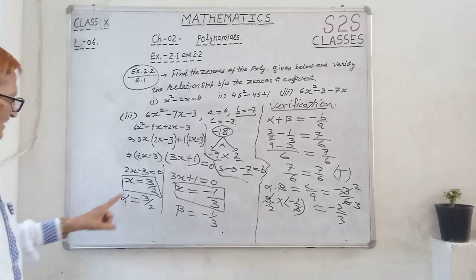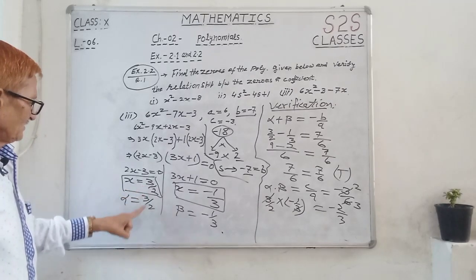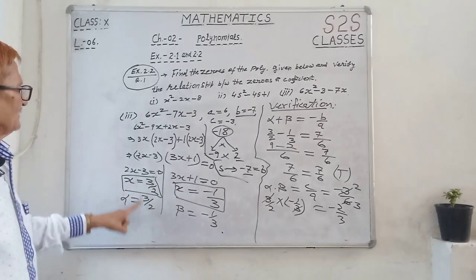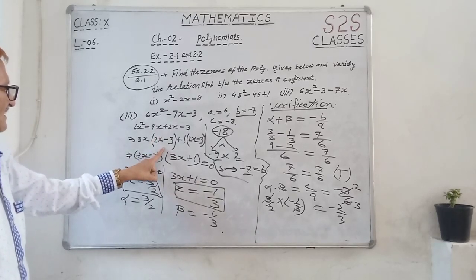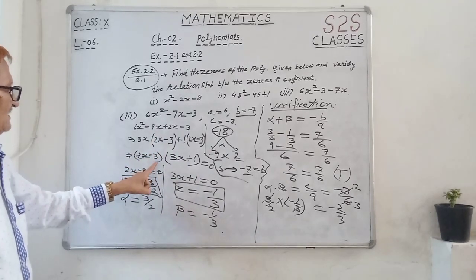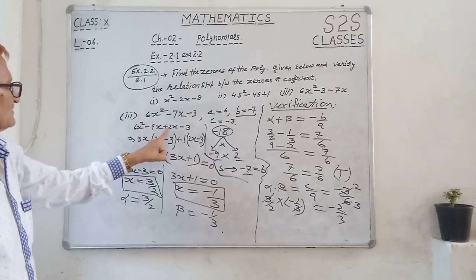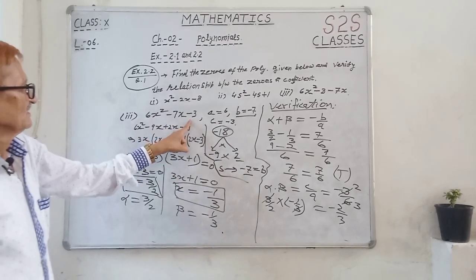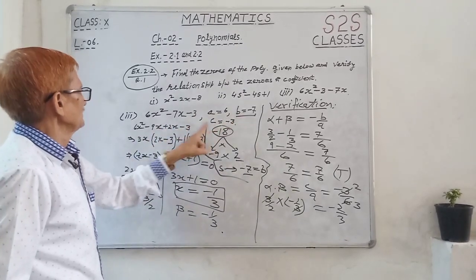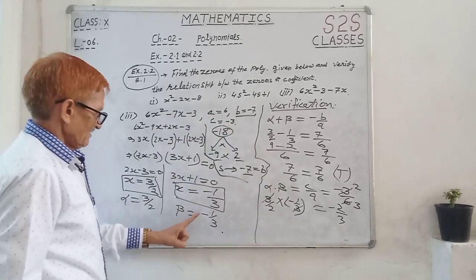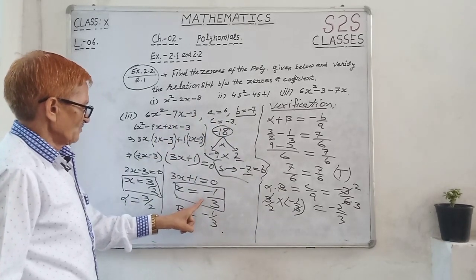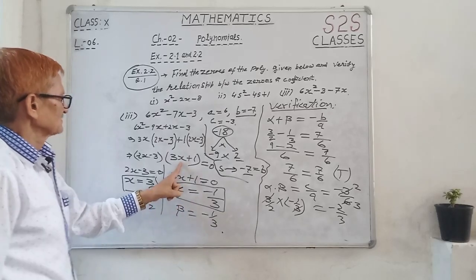Some mistake is there. 3 by 2 alpha, 3 2s are 6, 3 3s are 9, factor 2x minus 3, and then 2x minus 7x. B is minus 7, C is minus 3, A is 6. Then x is equal to minus 1 by 3, 3x.